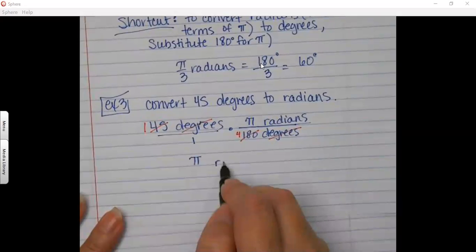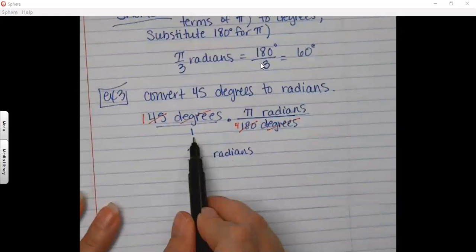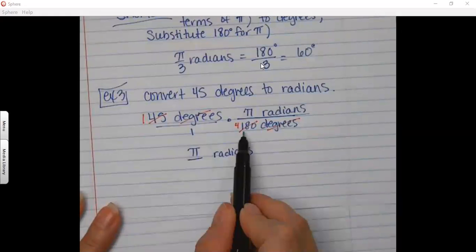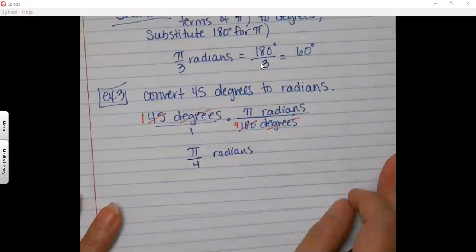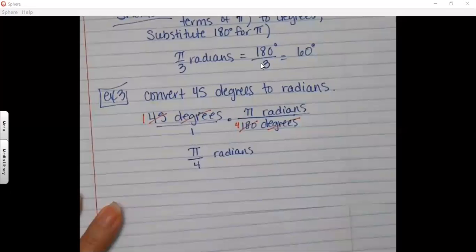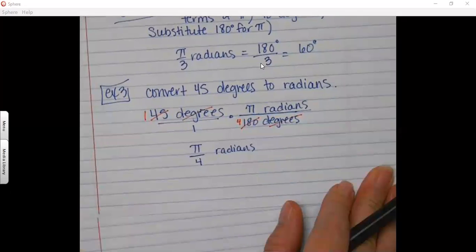In the denominator, I have 1 times 4, and everything else is canceled out. So pi fourths radians. Does that make sense? If you have a 45-degree angle, 45 and 45 is 90, plus another 45, you get to 180, right? So a 45-degree angle is 1/4 of a semicircle, or 1/4 of 180 degrees. So that makes sense. That 45 degrees will be pi fourths radians. So it kind of starts to click, I hope.